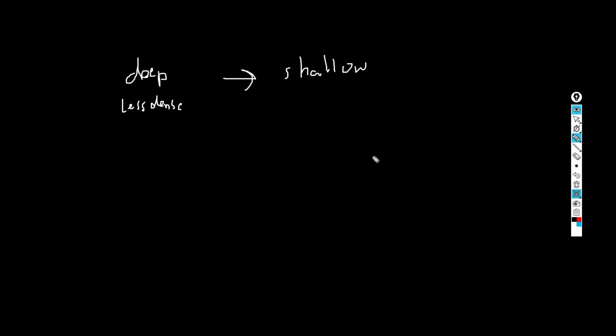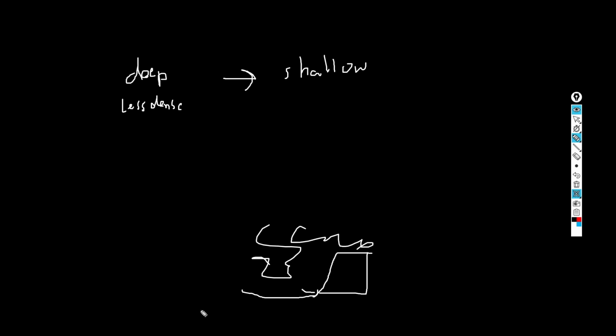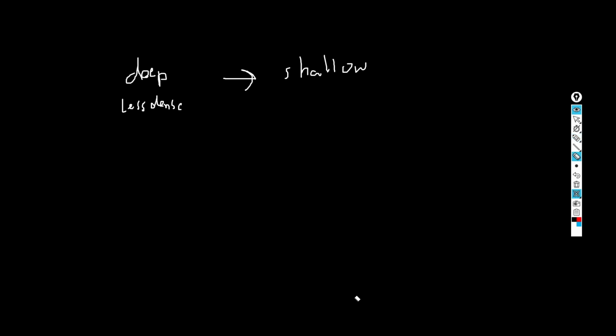Let's say here you have deep water, and then it becomes shallow. The sand and all of this is causing it to be more dense. So shallow water is more dense than deep water. Okay, what happens when you refract?